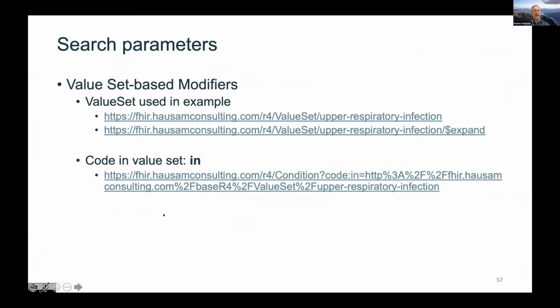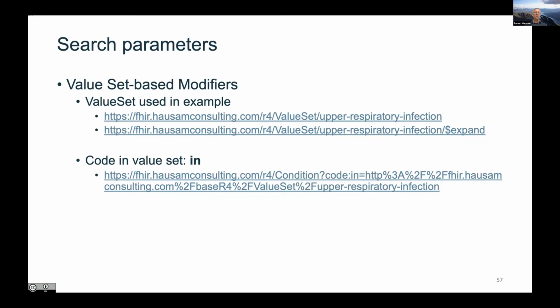Okay. And now we're going to move up another step, to modifiers that are based on value sets. In this case, what we're trying to say is I want to find, again, condition resources in this example that have a code that's in a particular value set.